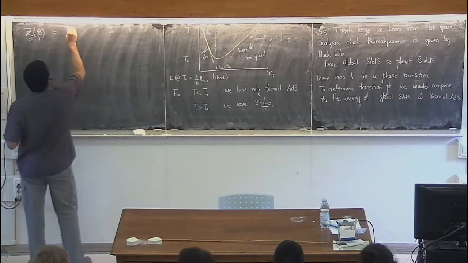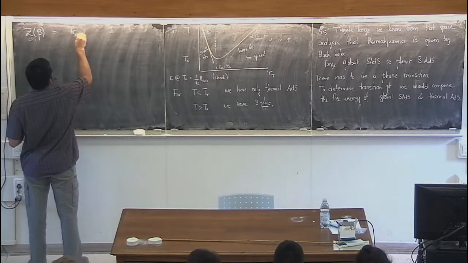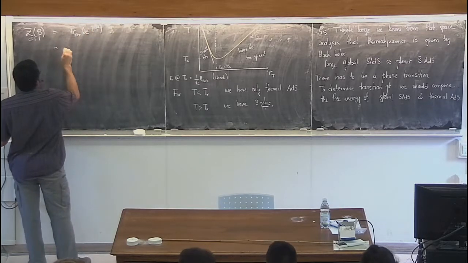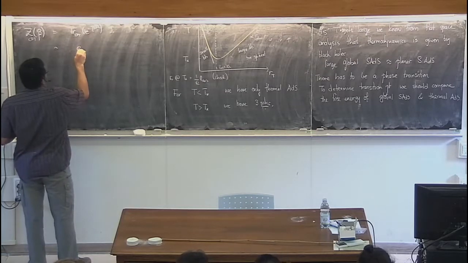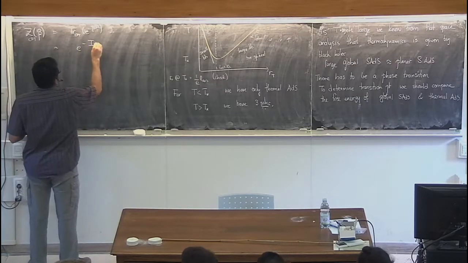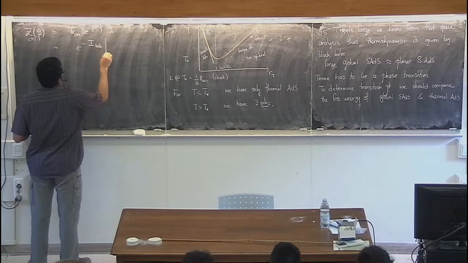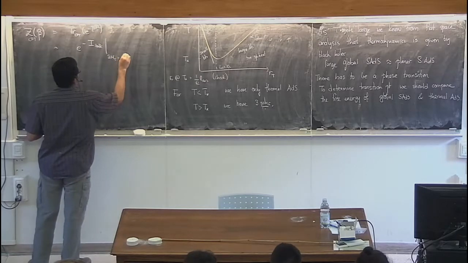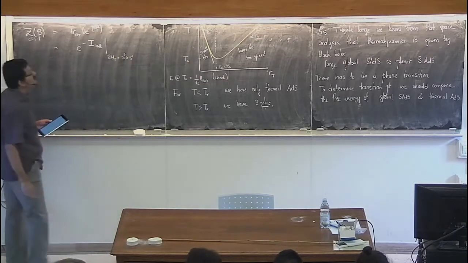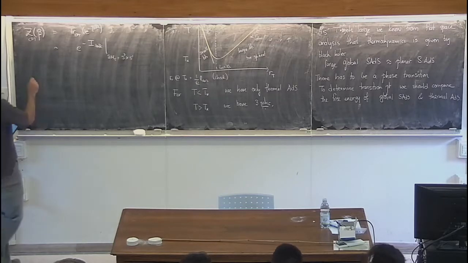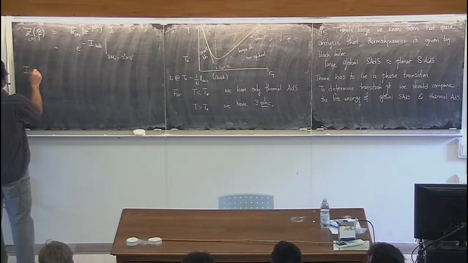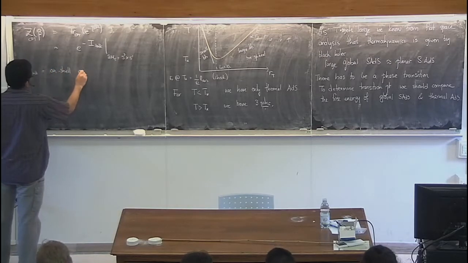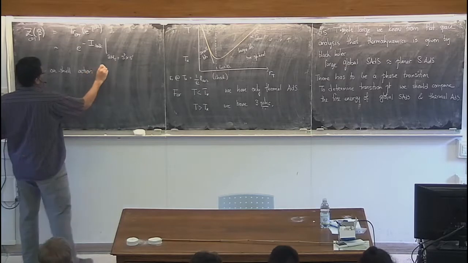So this is the trace in the CFT of e to the minus beta H, and this is given in the saddle point approximation by e to the minus I bulk with boundary conditions. This I bulk is the on-shell action for gravity.